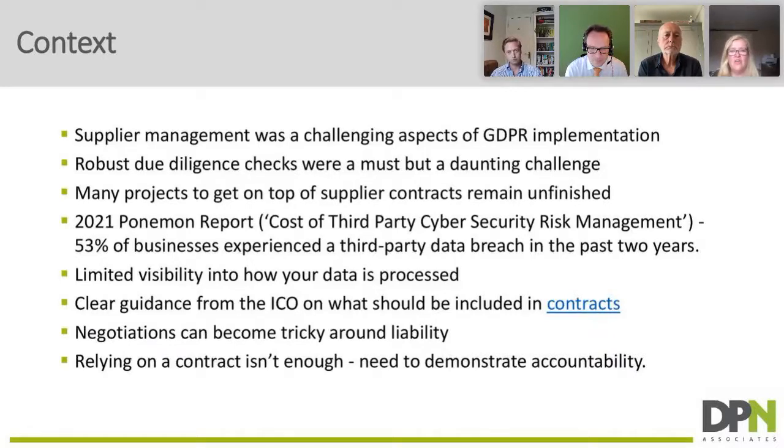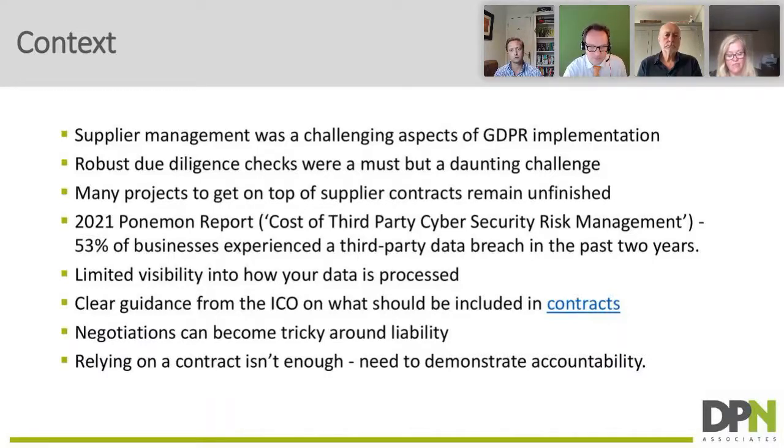And if you are not talking to lots of other organisations, it's quite difficult to make those judgment calls. The other point is that negotiations can often become tricky with your suppliers, particularly around liability. And we've certainly had one question where a small organisation feels that they can't really negotiate and can't make any changes to their contracts.